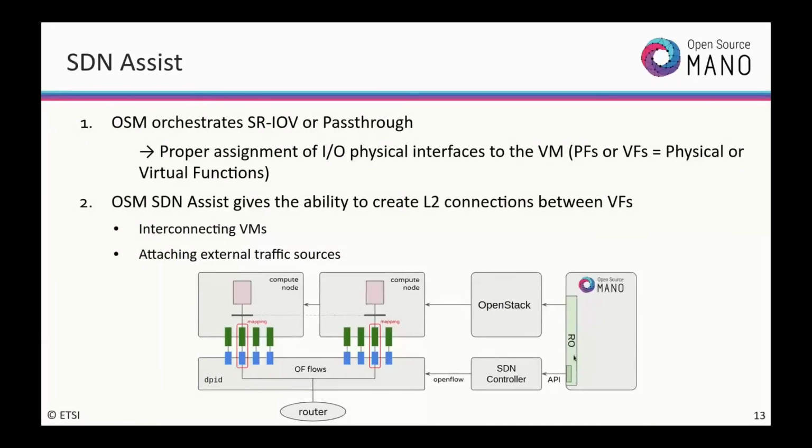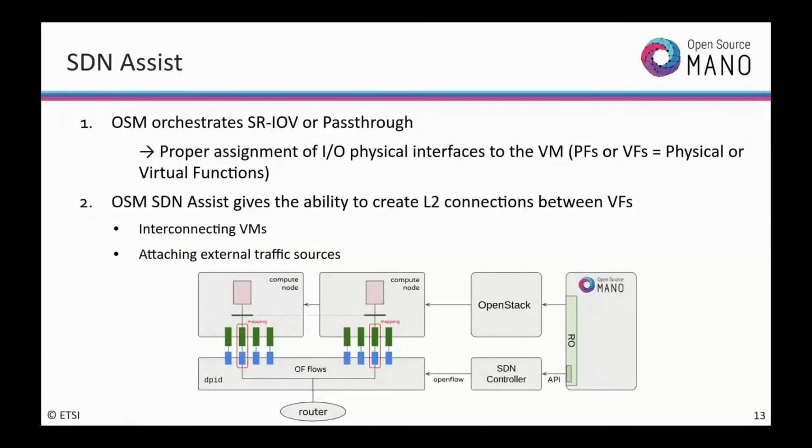The SDN, so we'll go through the top layer. OpenStack, the open source MANO says to OpenStack, please create me 2 VMs on 2 different compute nodes with physical, I should say, virtual functions, network functions that are attached to a physical switch, NIC.